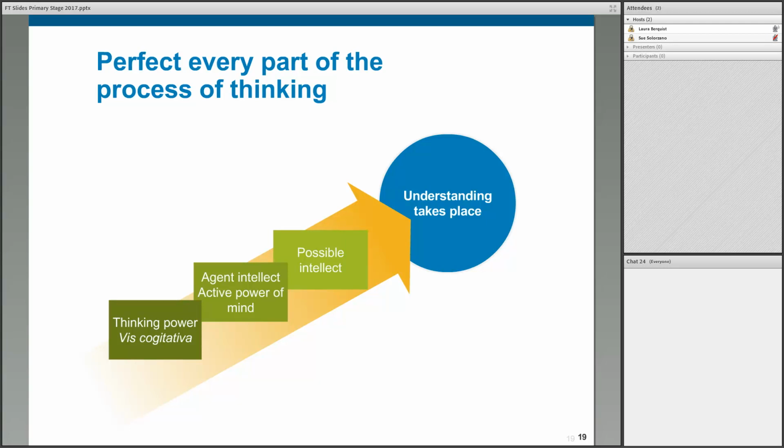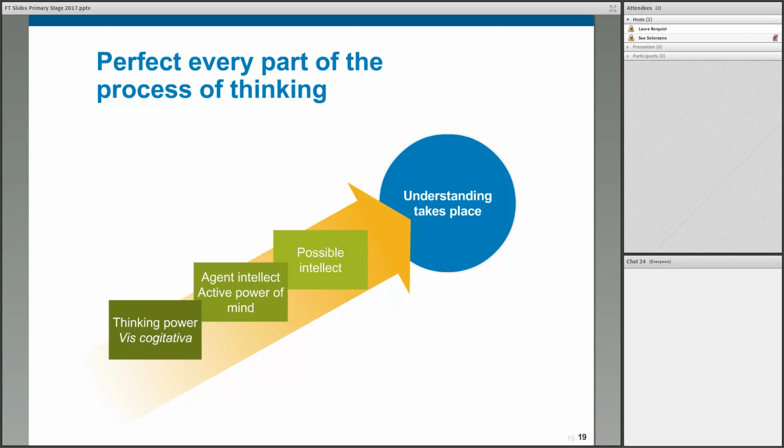So like you have a variety of chairs. I have 3 chairs in this room. Okay, I see that there's a likeness among them. My vis cogitativa sorts the images of them so that they're in the same part of the imagination, because that's physical, right? It has a place. Then the agent intellect, that active power of the mind, shines its light on those images of the 3 different chairs and abstracts from them what's common, chairness.